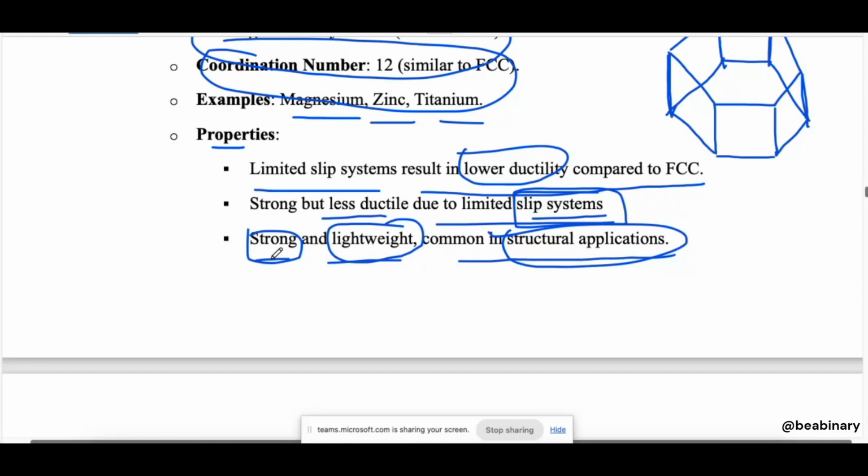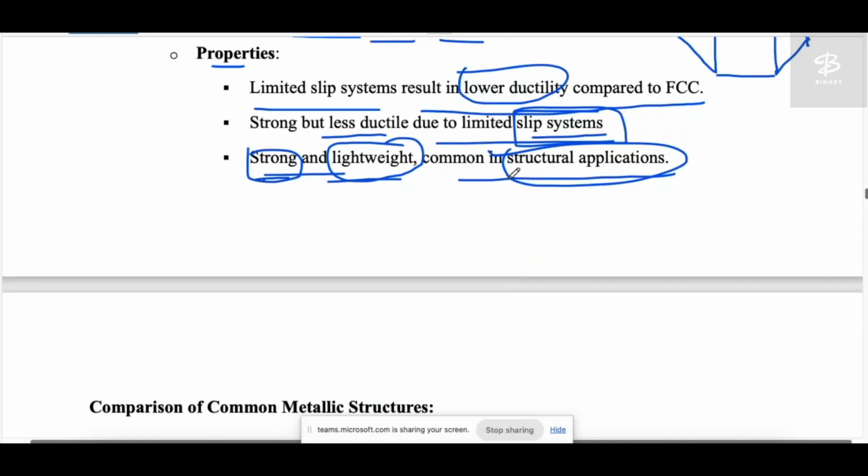Okay, so lightweight is more desirable in applications. So these materials are more applicable in engineering applications. Okay, so that's why it is used in structural applications.